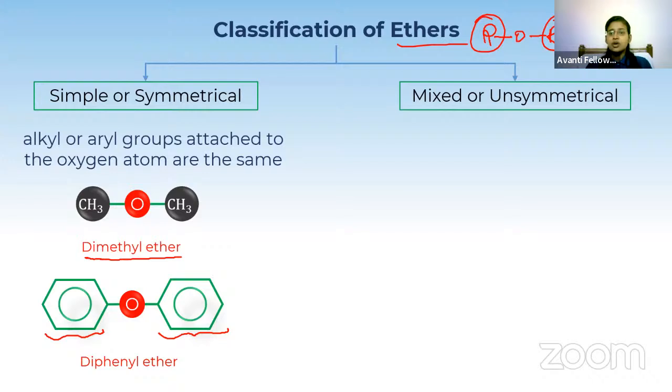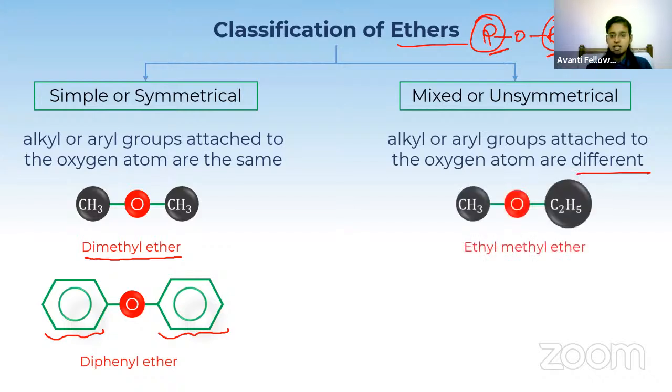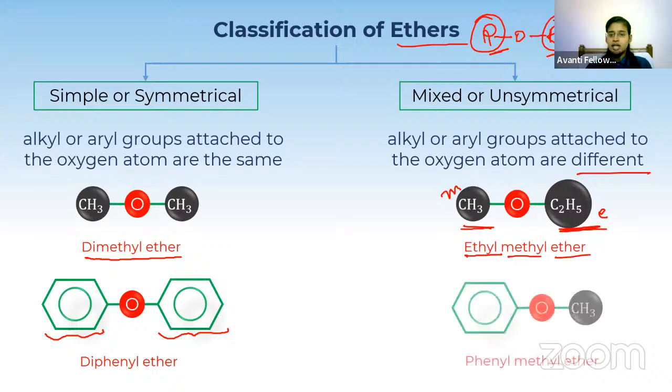If the two alkyl groups attached to the oxygen are different, then they are called mixed ether. Here I have one CH3 group and one C2H5. This is ethyl and this is methyl. According to alphabetical order, E comes first, so it is called ethyl methyl ether. If the two alkyl groups are different, they are called unsymmetrical or mixed ether.